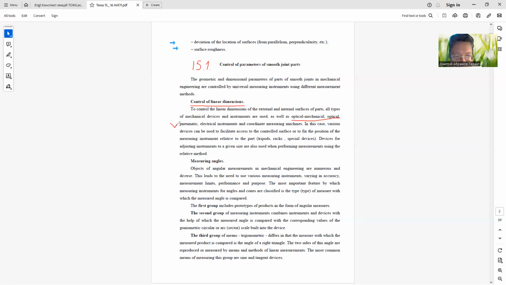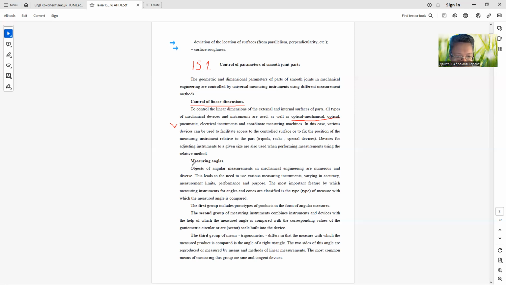Various devices can be used to facilitate access to the controlled surface or to fix the position of the measuring instrument relative to the part. These are tripods, racks, and special devices. Devices for adjusting instruments to a given size are also used when performing measurements using the relative method. That was control of linear dimensions.